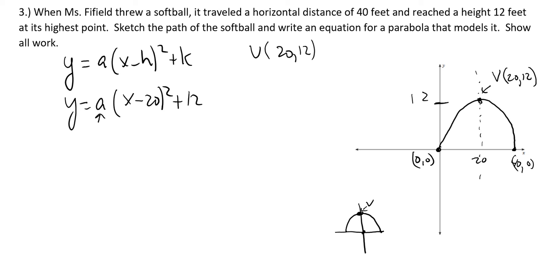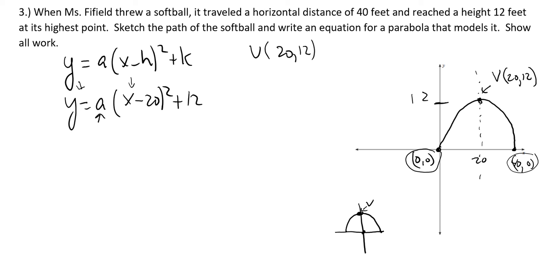So I need to get what a is, and surprisingly, it's easier than you think. Notice we have a y and an x value. So we can take either this point or this point here and input it into our equation to find a, which will be our unknown.